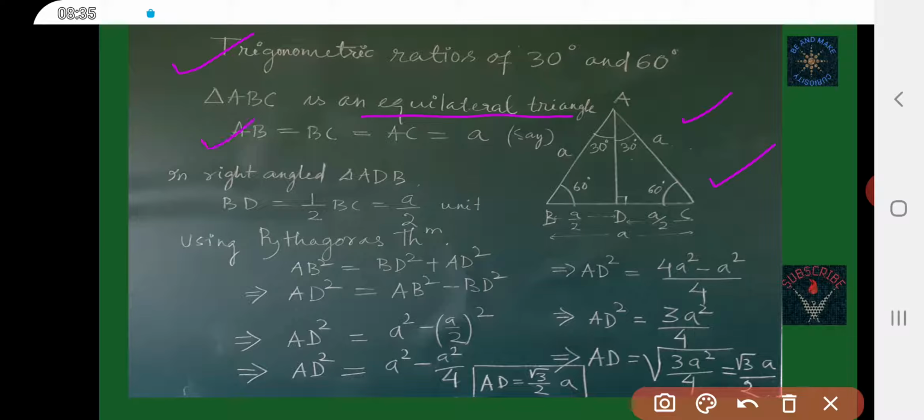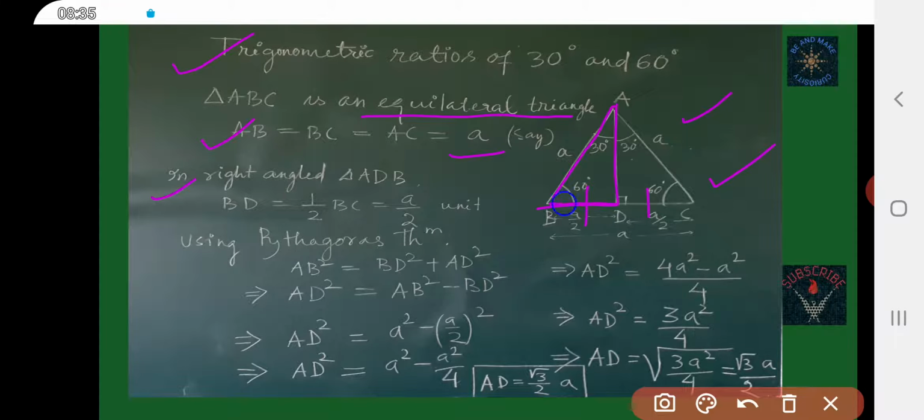So AB is equal to BC is equal to AC, say A. Here in right angle triangle ADB, BD is equal to CD.